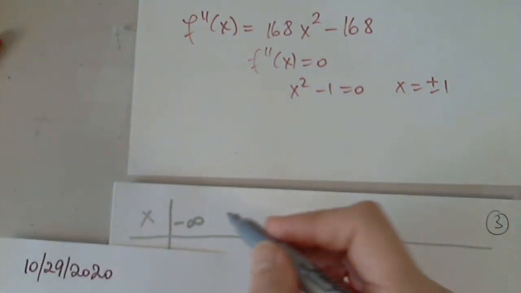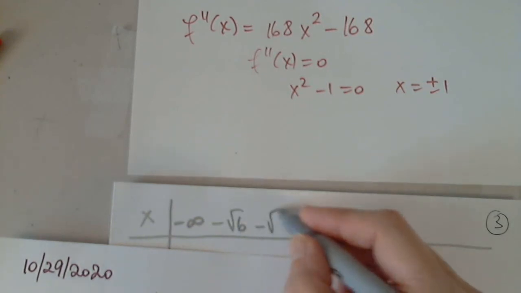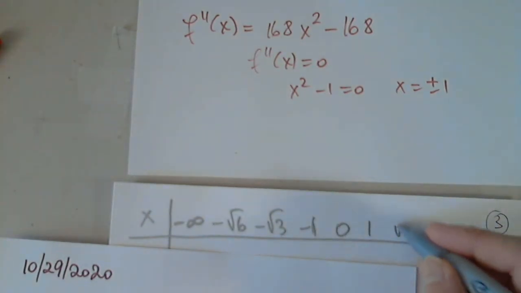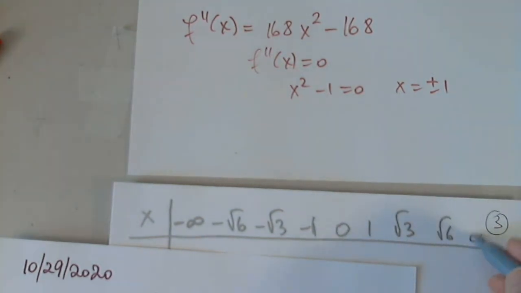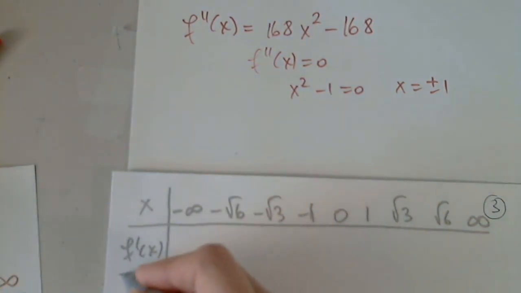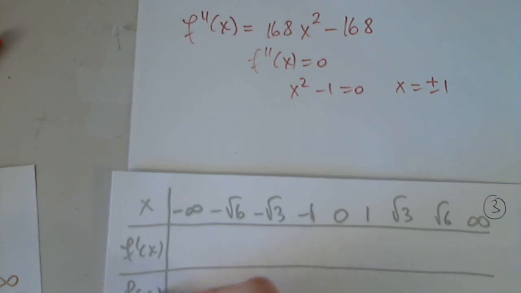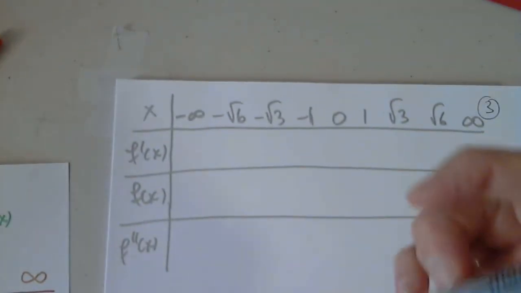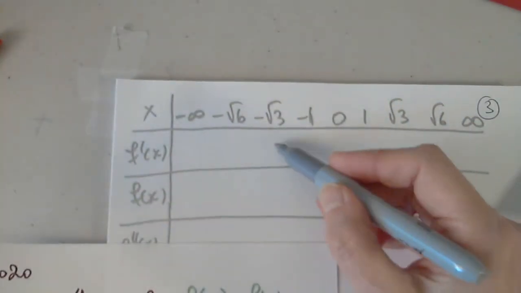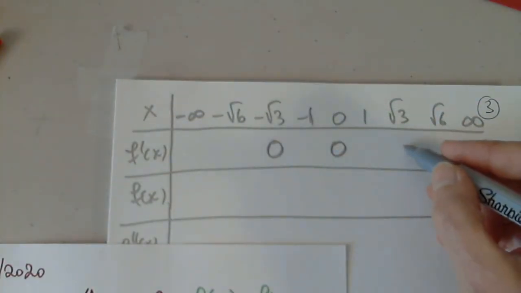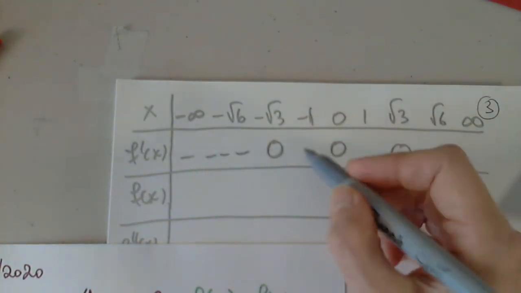So negative infinity, negative the square root of 6, negative the square root of 3, negative 1, 0, 1, the square root of 3, the square root of 6, and infinity. And now this is all I needed. So f prime of x, f of x, and the second derivative. I'm just copying the zeros here, and here, and here, and the signs.